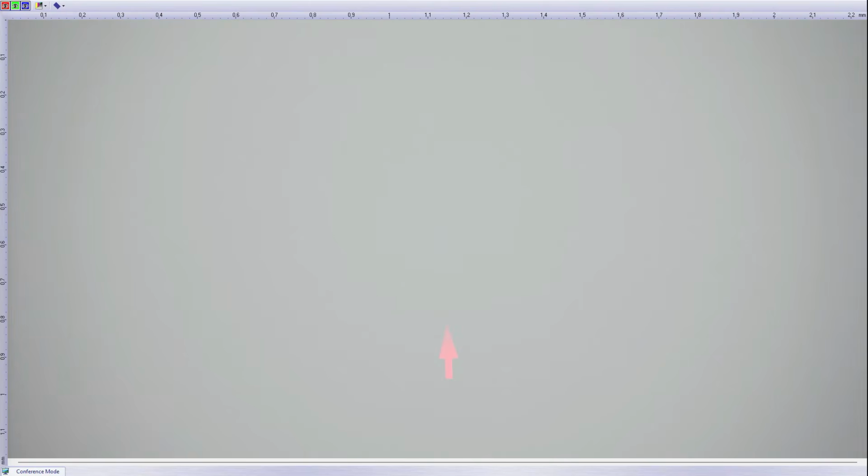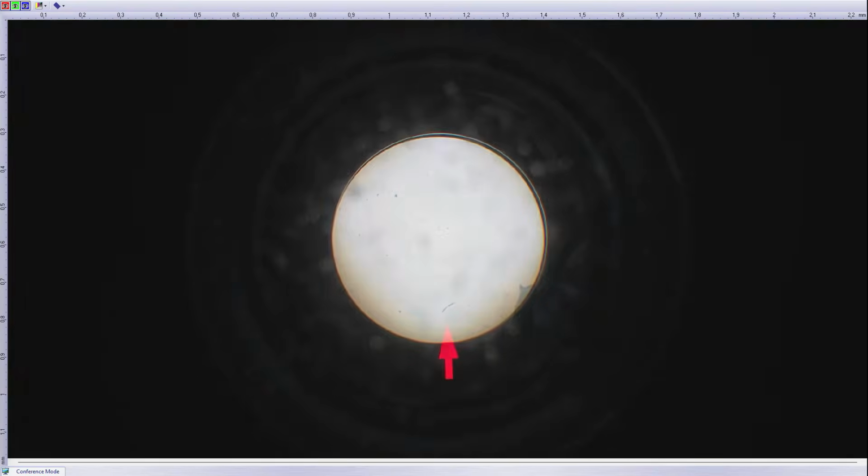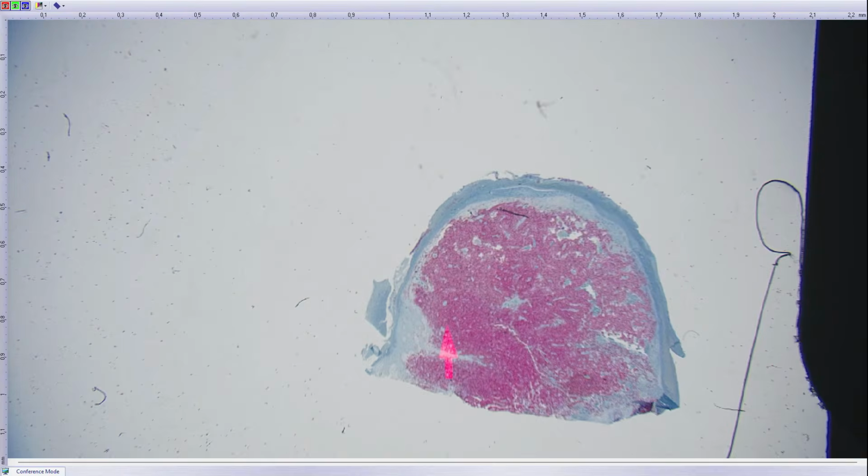Then the stain is SOX10, which is typically positive. And the stain PRAME.